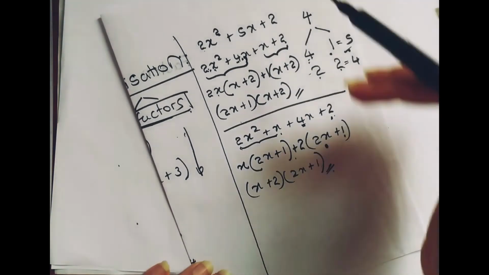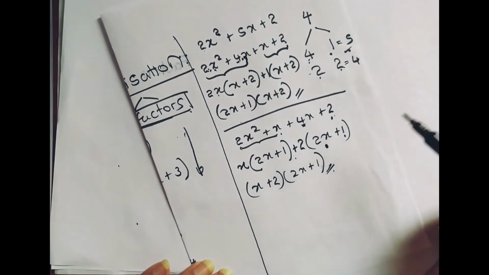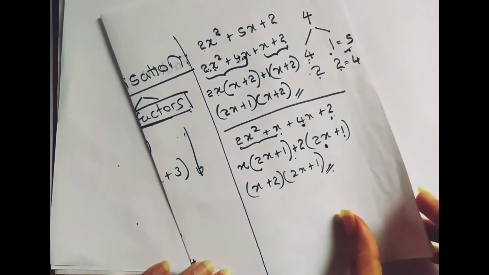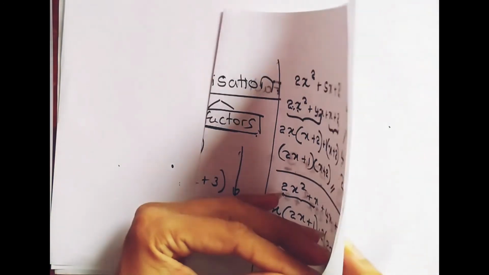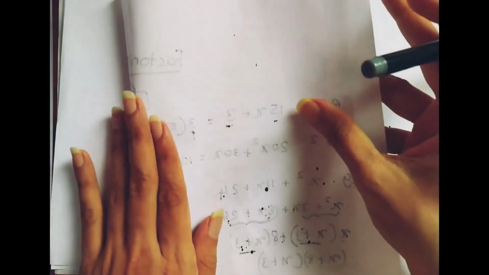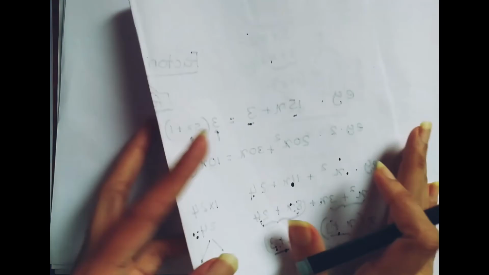So this is simply how you do it. Now we will see how you do it when you have a negative. So think like this. I'll take a new paper.